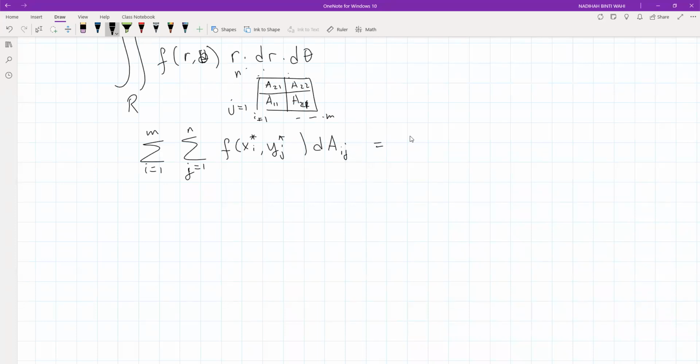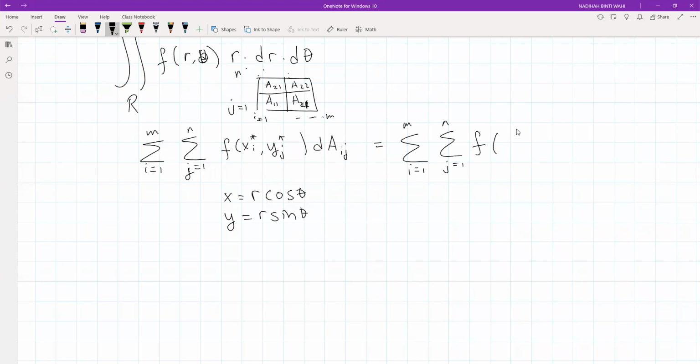Okay, so this is equal to what? Benda yang sama. i doesn't change to m, j also doesn't change because this is just the indices, dia punya position dia di mana. And then untuk x, if you remember, x equals r cosine theta, y equals r sine theta.